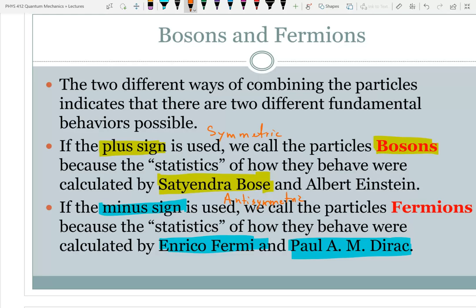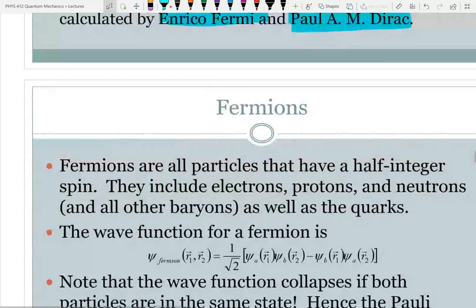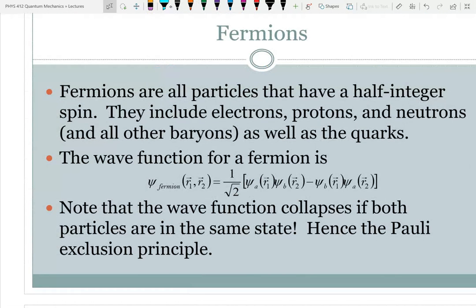And we will end with one important distinction between bosons and fermions. With fermions, if I have both particles in the same state, let's say psi sub A is the same as psi sub B, because they're both in the same state, if we're talking electrons in a helium atom, they both have the same N, L, M sub L, and M sub S. So if psi A is equal to psi B, what do you get for this superposition function?